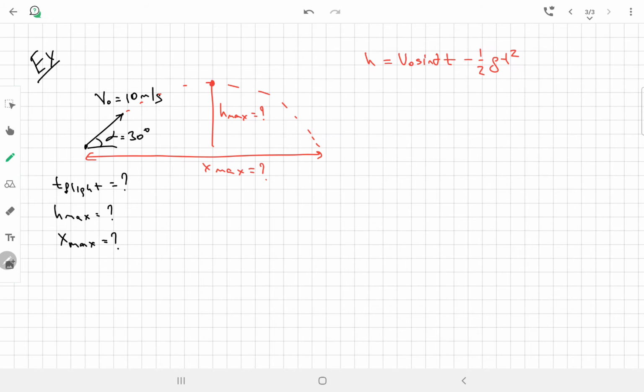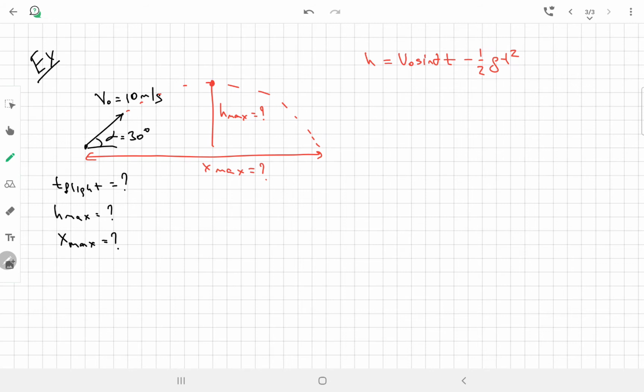Basically this is an equation, or function, of height related to time. So when you input any value for time in this equation, you will get the height which corresponds to that time.